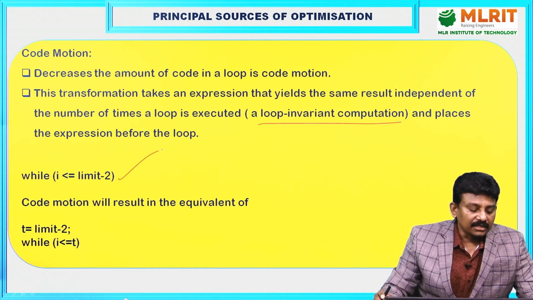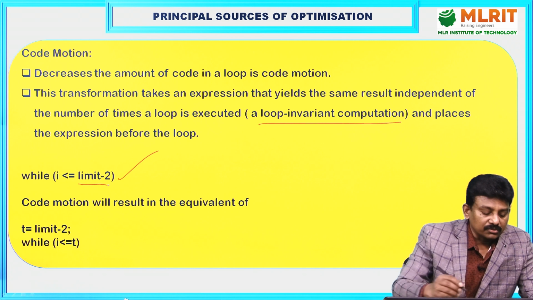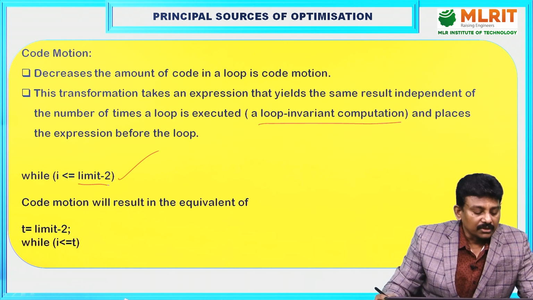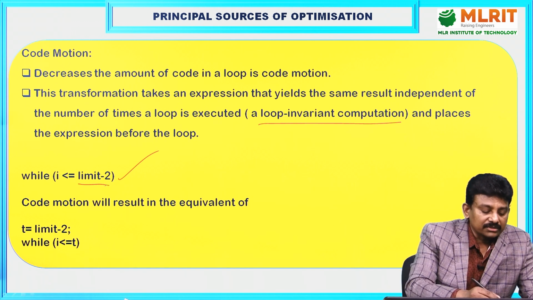While i is less than or equal to limit minus 2. Here, limit minus 2 is in the loop, so using the code motion technique, we can move this expression outside the loop.